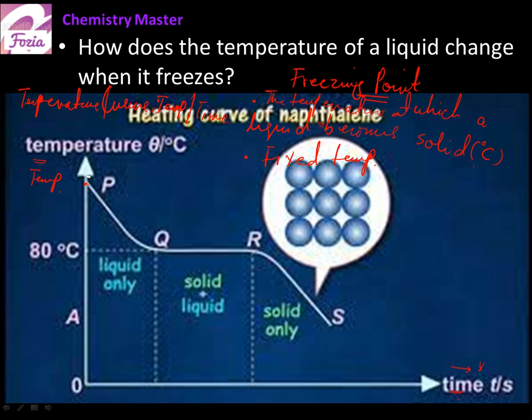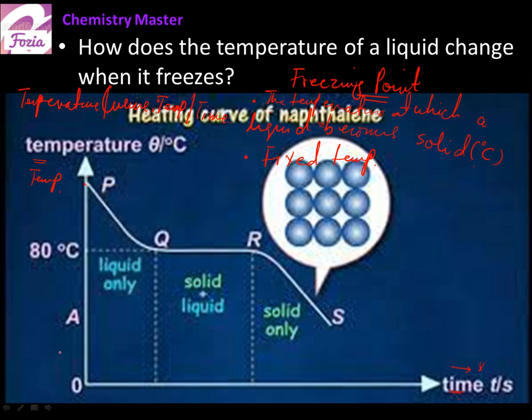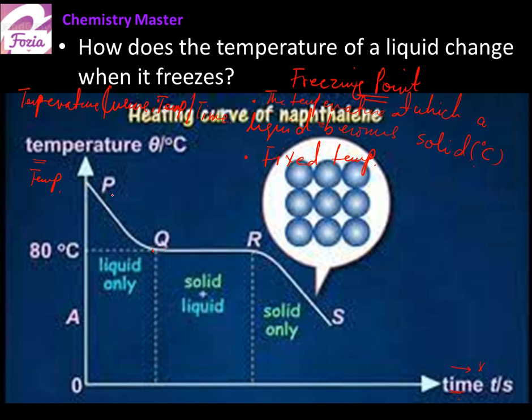At point P, the temperature is high, but as we continue cooling, the temperature of naphthalene drops down until it reaches point Q. So from P to Q, the noticeable change is that the temperature is dropping down during cooling.